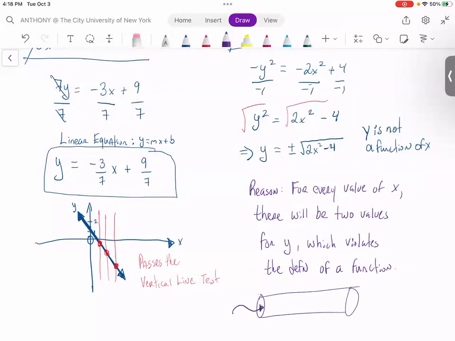You have your inputs, x, you apply some rule, we call it f, and it spits out y. So for every x value that you plug into this machinery and you apply rule f, it spits out exactly 1 value of y. That's what makes a function click. If you have an x value that spits out more than 1 y value, then you no longer have a function. All right.